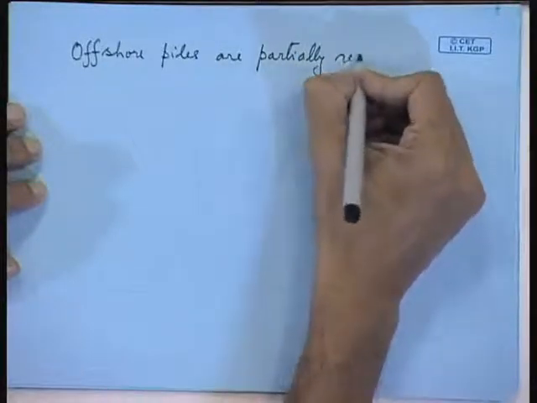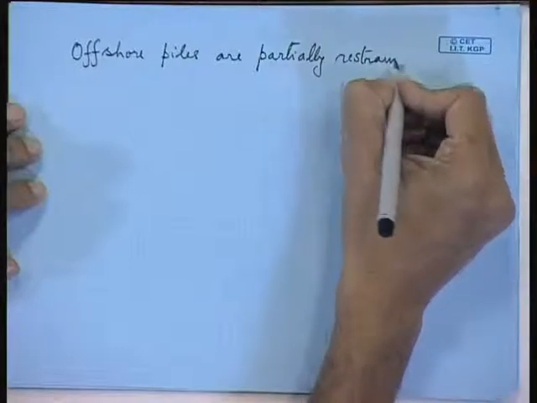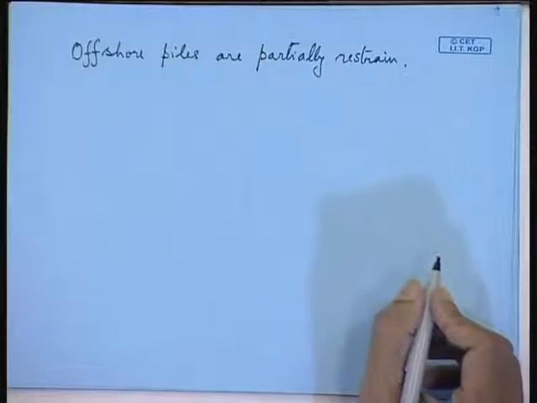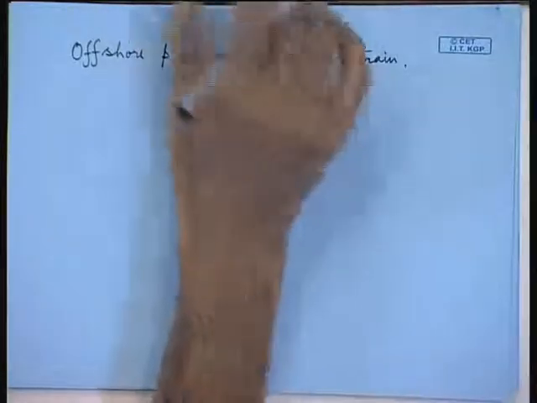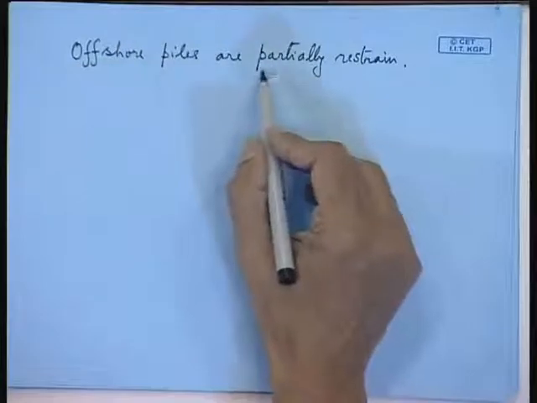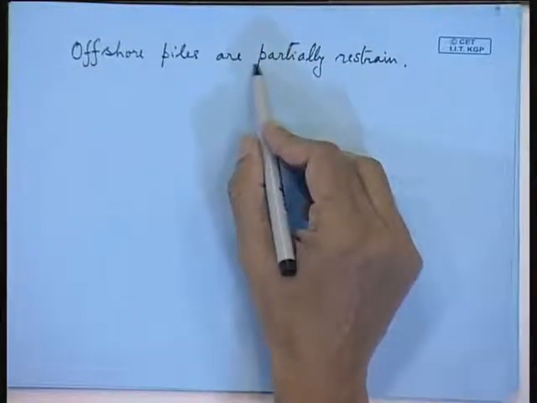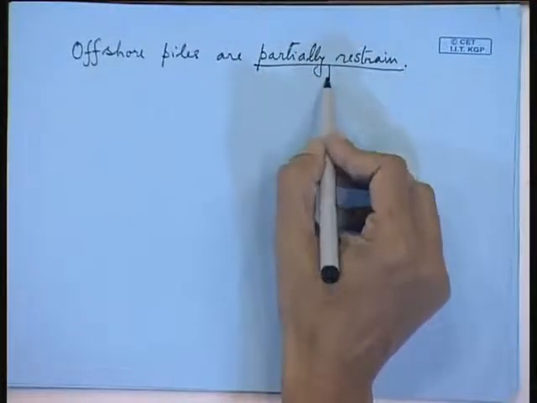What is a restraint? When you are talking about free and fixed head, then obviously the question of restraint comes. That means it is not free to rotate or get displaced. So, you are under partial restraint. Where is this coming from? This is from the jacket.